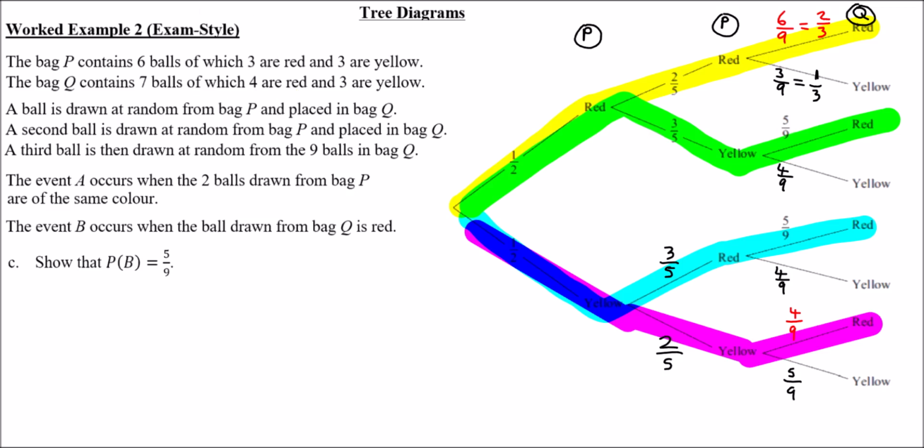So this is quite a lot of fractions to add up. So this top route, the probability of having red, red, and then red, would be 1/2 times 2/5 times 2/3. Or we could go the green route, which is 1/2 times 3/5 times 5/9. Or the blue route, again 1/2 times 3/5 times 5/9.